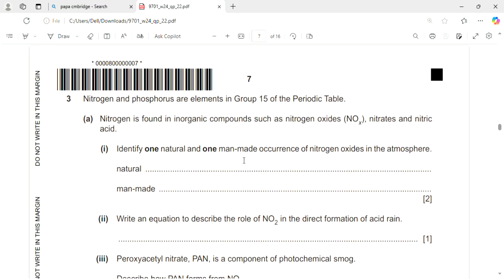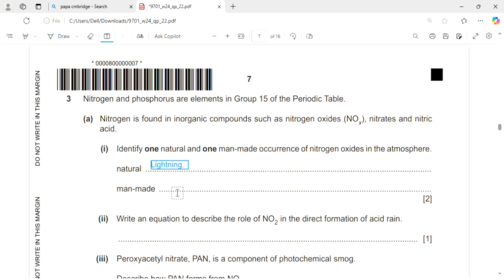Natural, something like lightning. Lightning. All right.